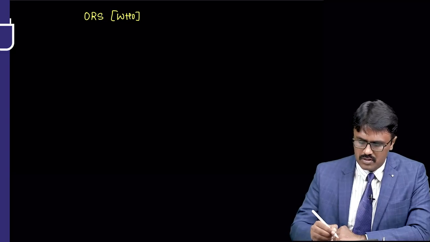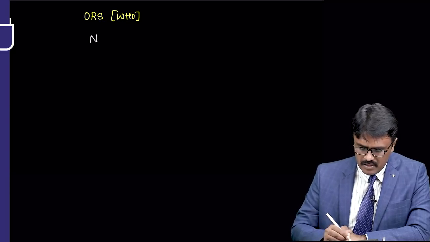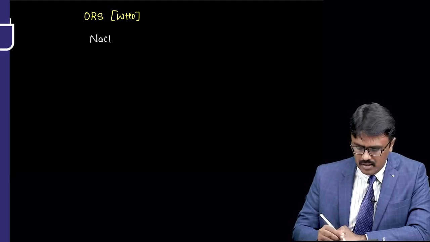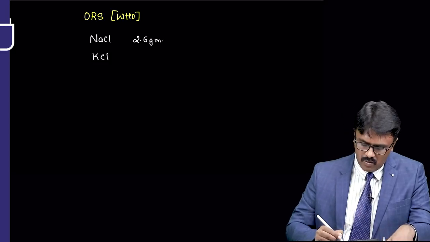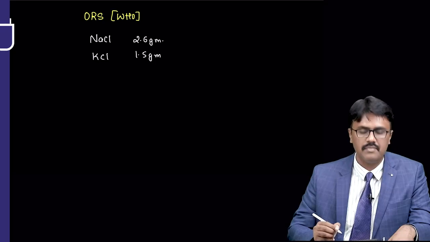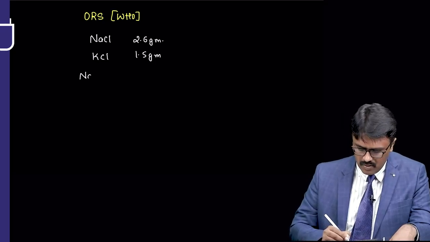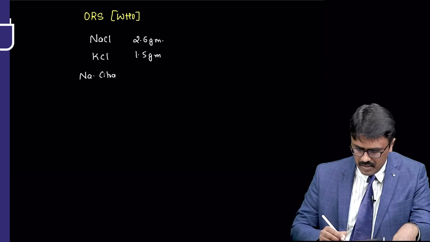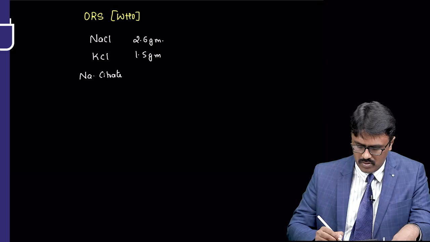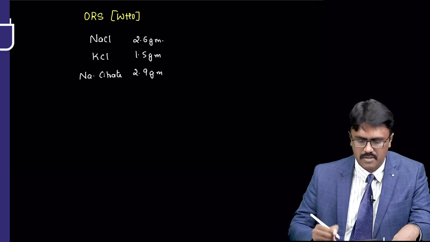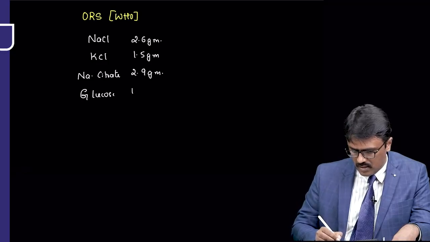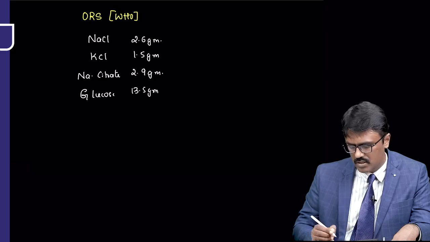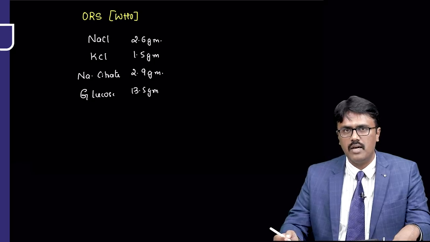According to this new WHO formula, it contains sodium chloride, around 2.6 grams; potassium chloride, around 1.5 grams; then we have sodium citrate, present around 2.9 grams; and the glucose is around 13.5 grams. So this is the composition of the new formula WHO ORS.